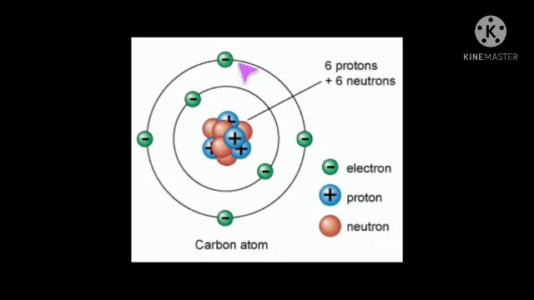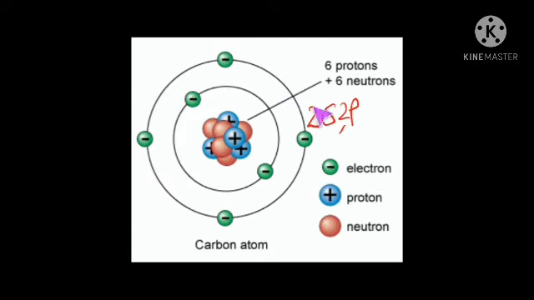The carbon also has the second energy level. In that second energy level, it has one s orbital and one p orbital. That's why we say it is 2s and 2p. 2s doesn't mean we have 2 s orbitals. It means this s orbital belongs to the second energy level.